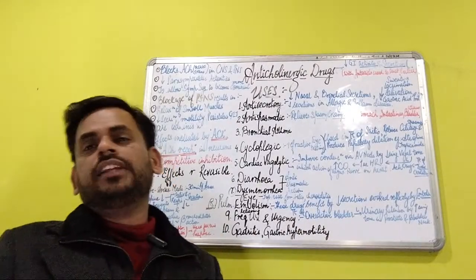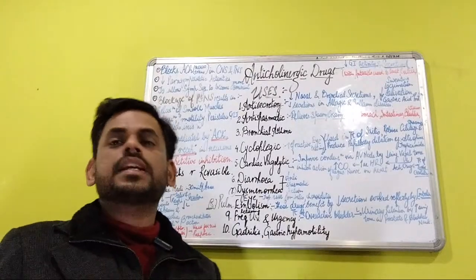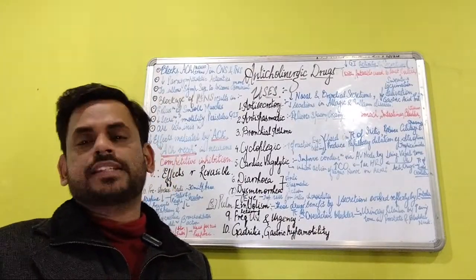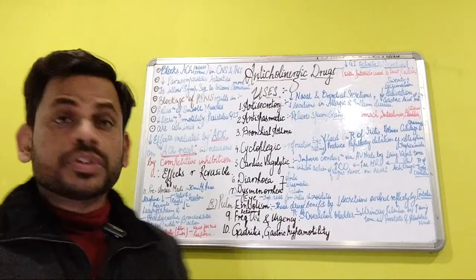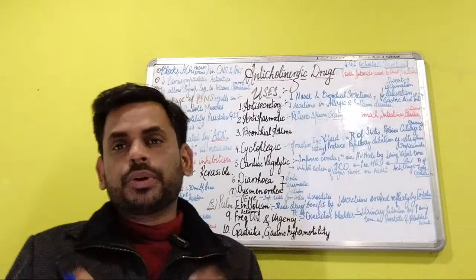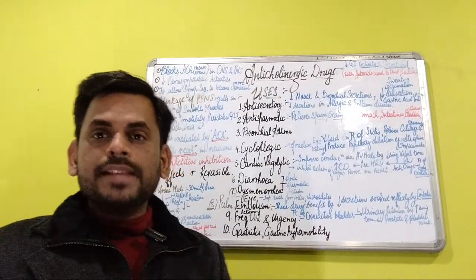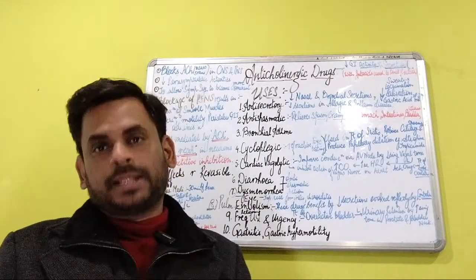Whatever the functions of acetylcholine are, they are going to inhibit those actions. Acetylcholine is a neurotransmitter and it is basically responsible for the parasympathetic action.